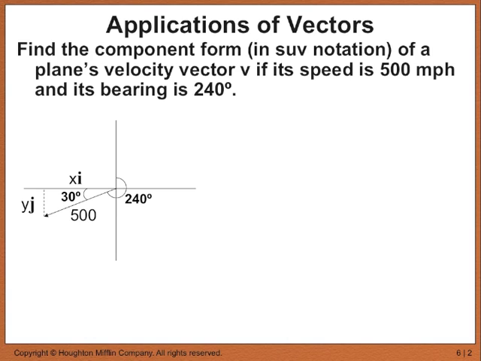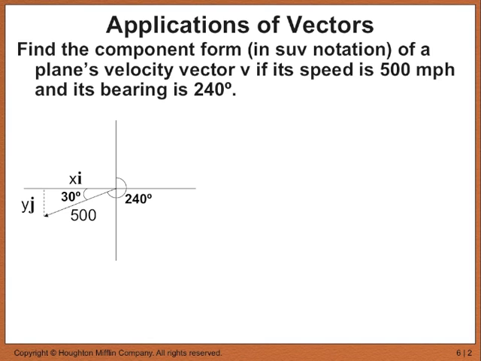And I label the component vectors xi and yj. We're trying to find out what x is and what y is, but we know that whatever numbers we find for x and y, the corresponding vectors are just scalar multiples of i and j, since i is a horizontal unit vector and j is a vertical unit vector. So that's the sketch.